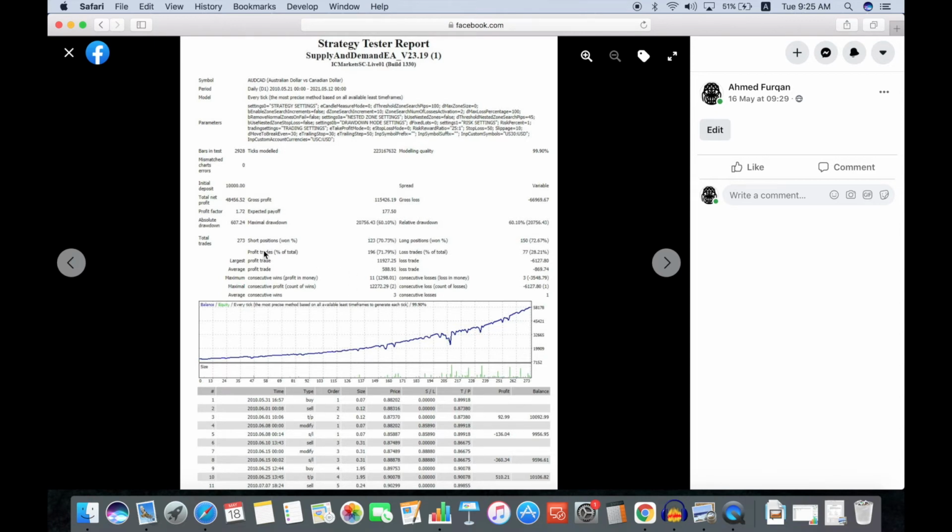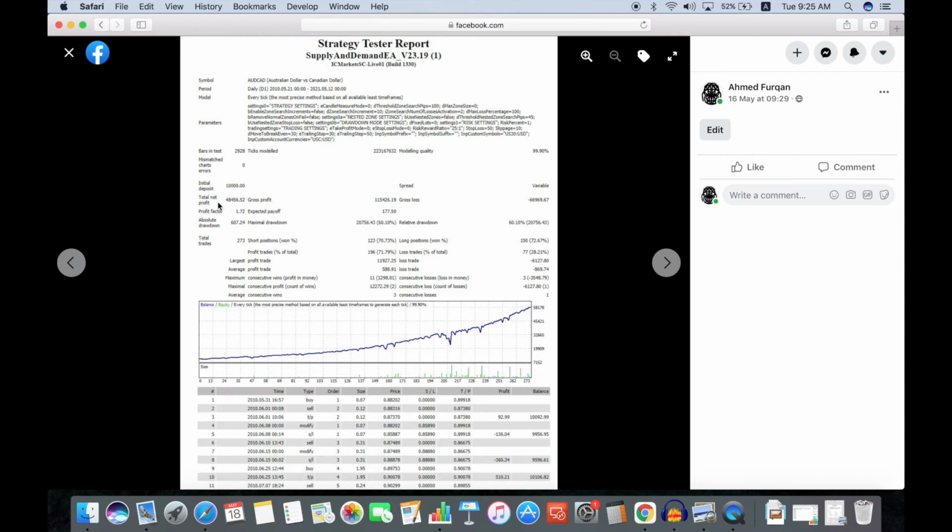So if you want to trade Oddcat, you should know that once in the past 10 years it went to this much drawdown, but it survived, and again you can see the linear curve all the way up. So you can see the amount of profit. The initial deposit was $10,000.